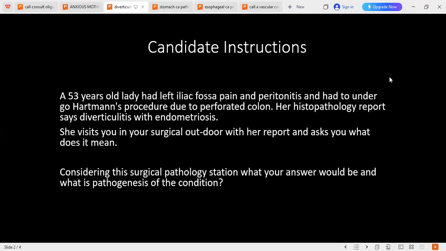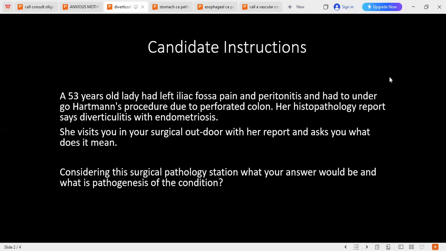Complications are infection, pericolic abscesses, perforation, fistulas, or intestinal obstruction. How would you classify perforated diverticulitis? We use Hinchey classification for that. Grade 1 is pericolic abscess formation, 2A is distant abscess, which is amenable to percutaneous drainage, and 2B is complex abscess associated with fistula, not amenable to percutaneous drainage.